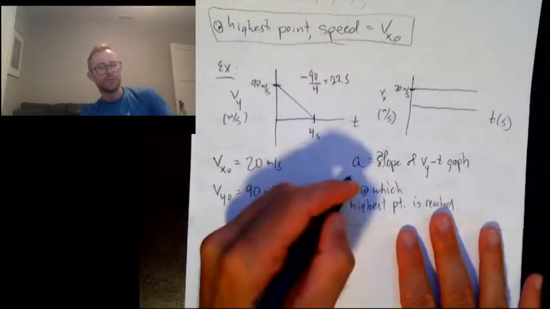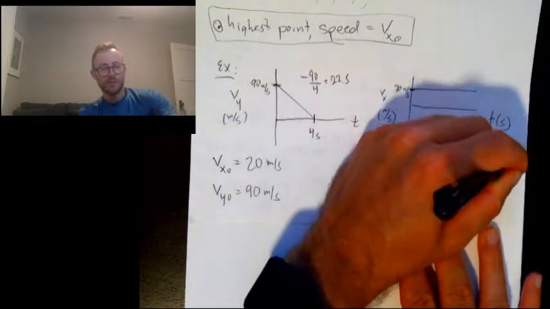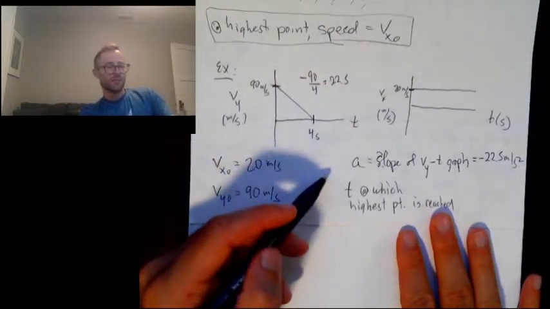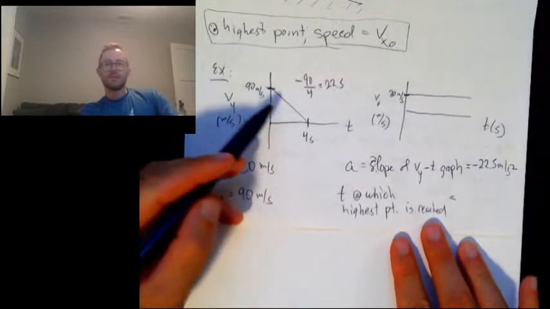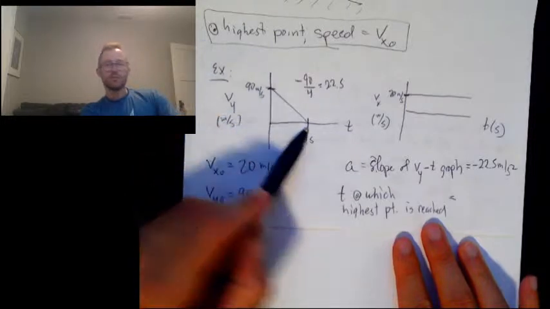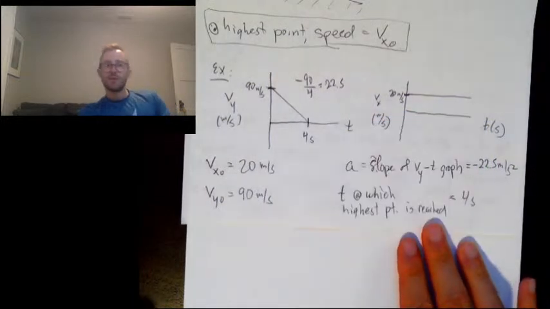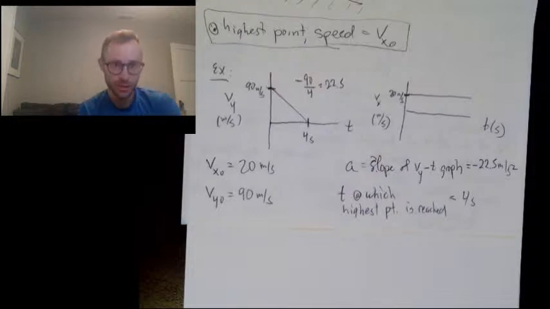So the acceleration due to gravity is negative 22.5 meters per second squared. And the time at which the highest point is reached is going to be the time at which the y velocity is 0, which would be 4 seconds. Okay, so that is how you analyze motion graphs for projectile motion.